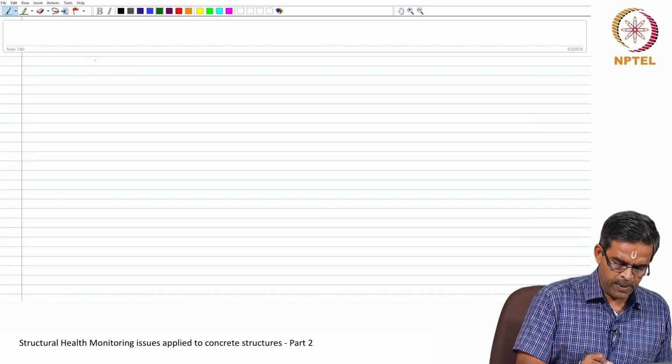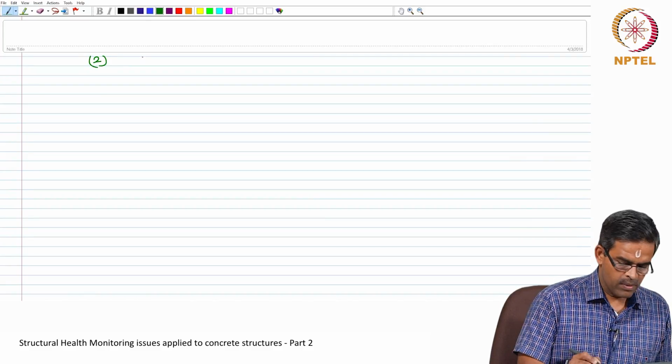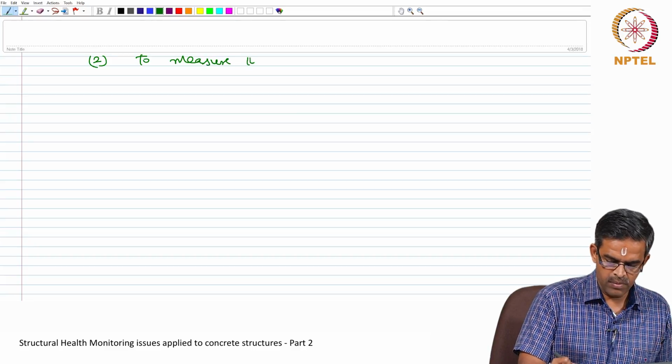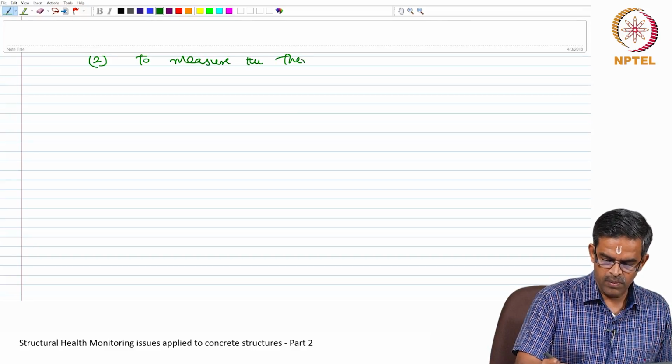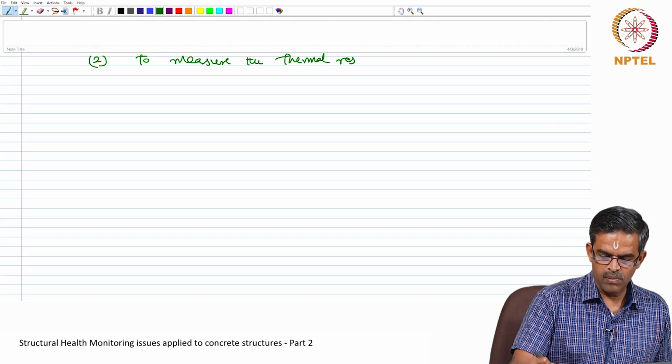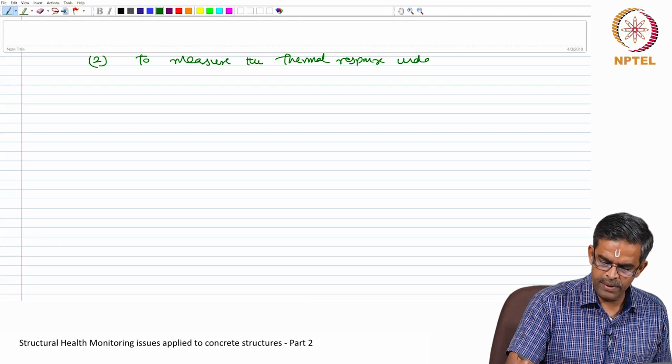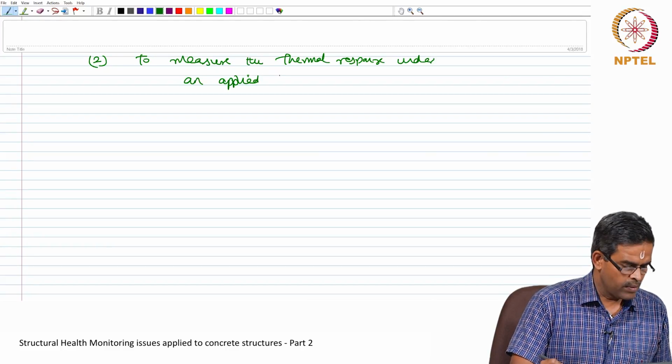The second method could be to measure the thermal response under an applied uniform heat flux.